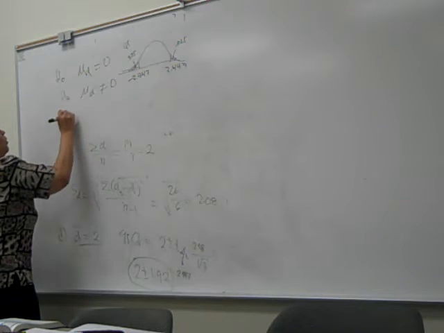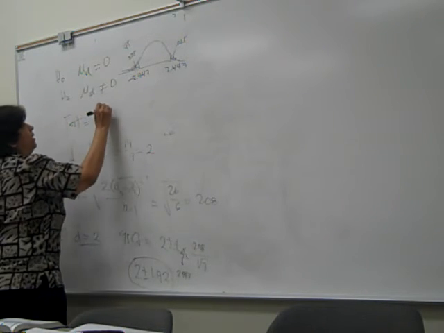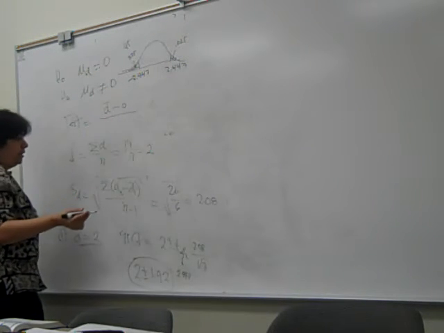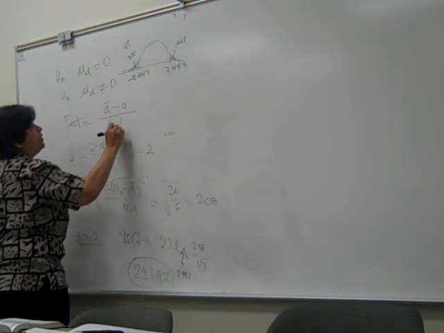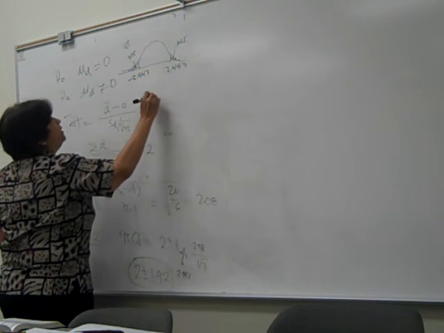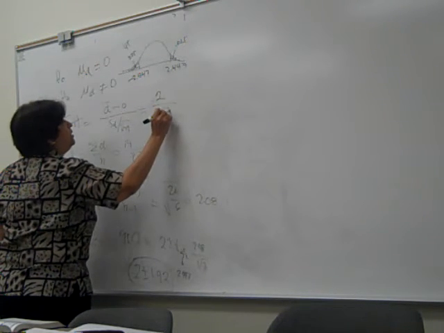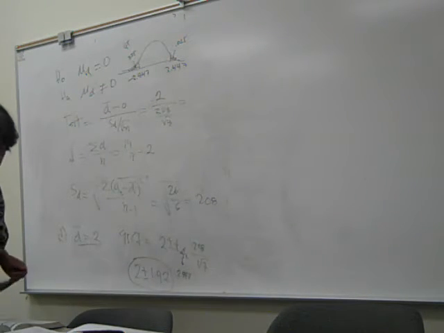Okay, now what is the test value over here? It is d bar minus, in this case 0, divided by what? The standard deviation of the difference over the square root of n, and that is equal to 2 divided by 2.08 over the square root of 7, and that is equal to what?